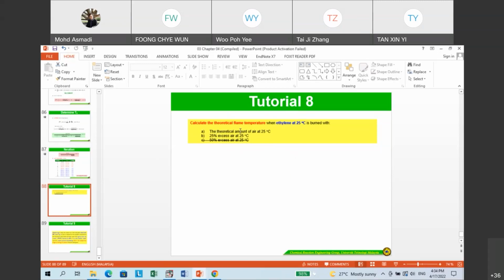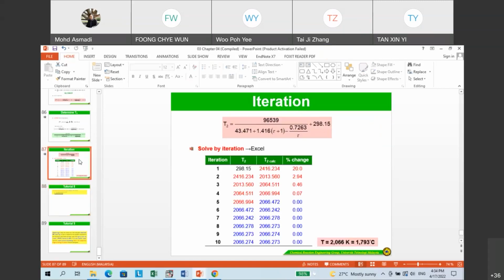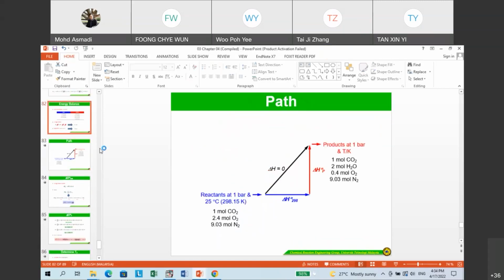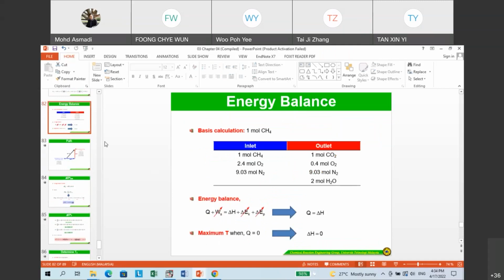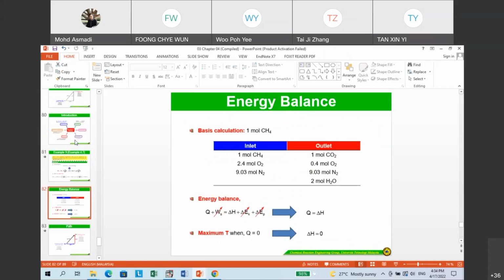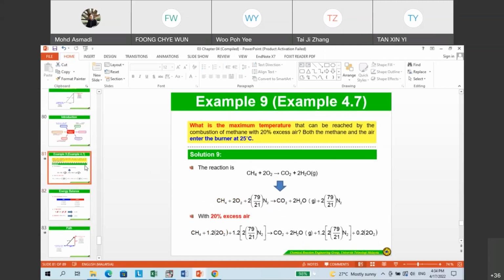That is if theoretical amount. If 25% excess air, it is similar to this one. Delta H R is similar, but this is what you have to consider because it's stated that 25%.